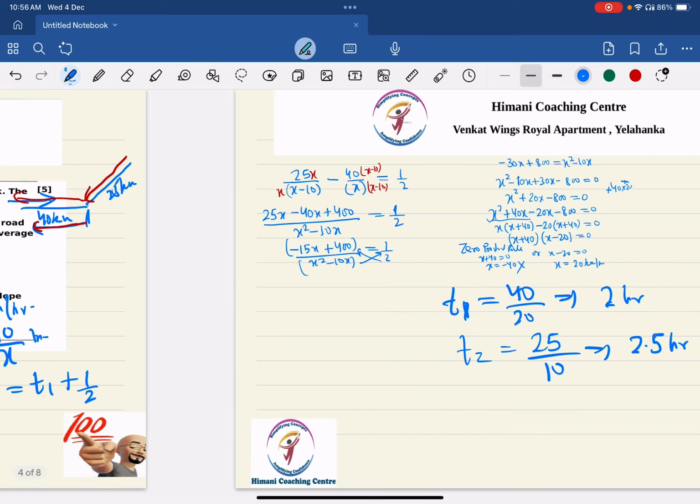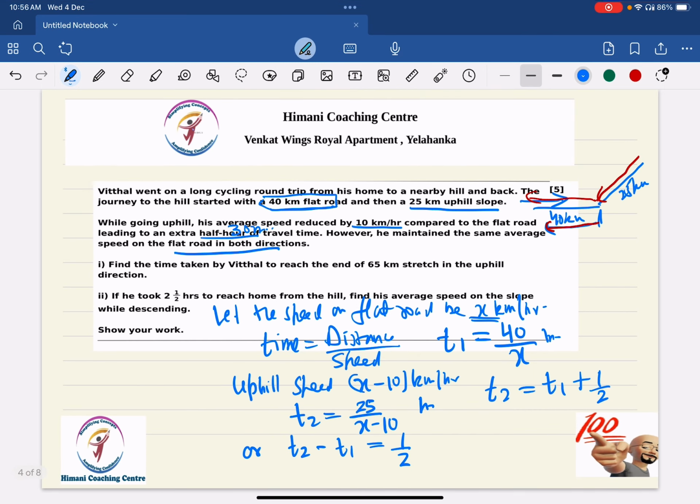Now let us look at the next question. The question says, if he took 2.5 hours to reach home from the hill, then find his average speed on the slope while descending.